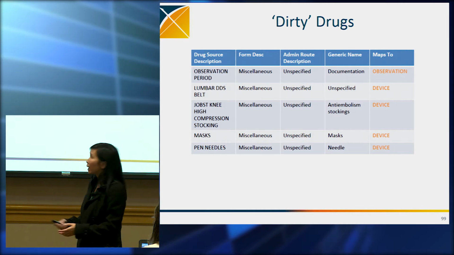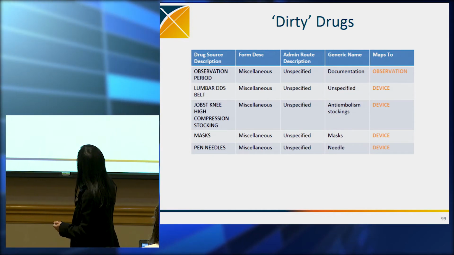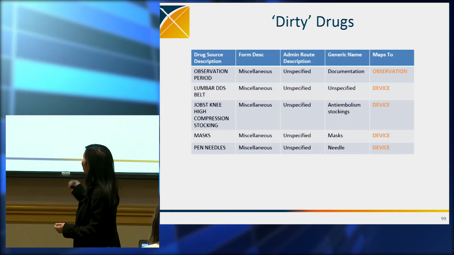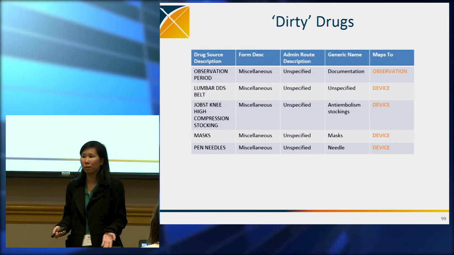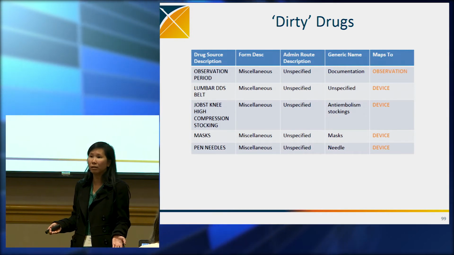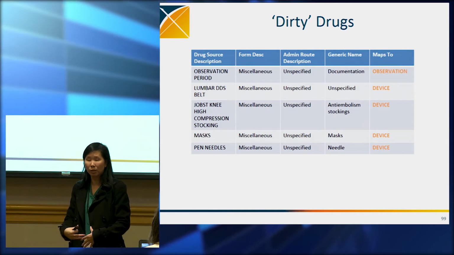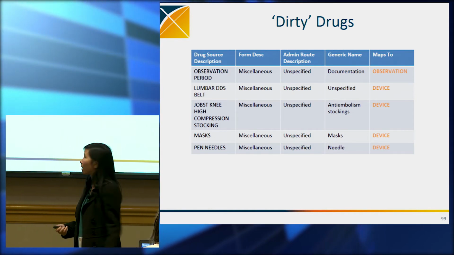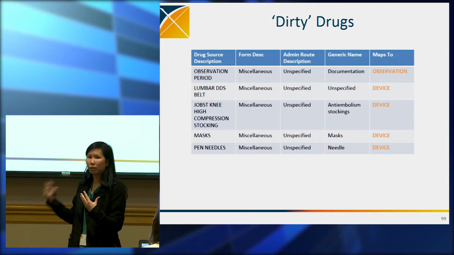So we move it out. The next four are examples of things that are really devices, but maybe in this data set they were considered drugs because there was no such thing as a device. This is a lumbar belt that you put on if you have back problems. This is a mask, and the next ones are needles.